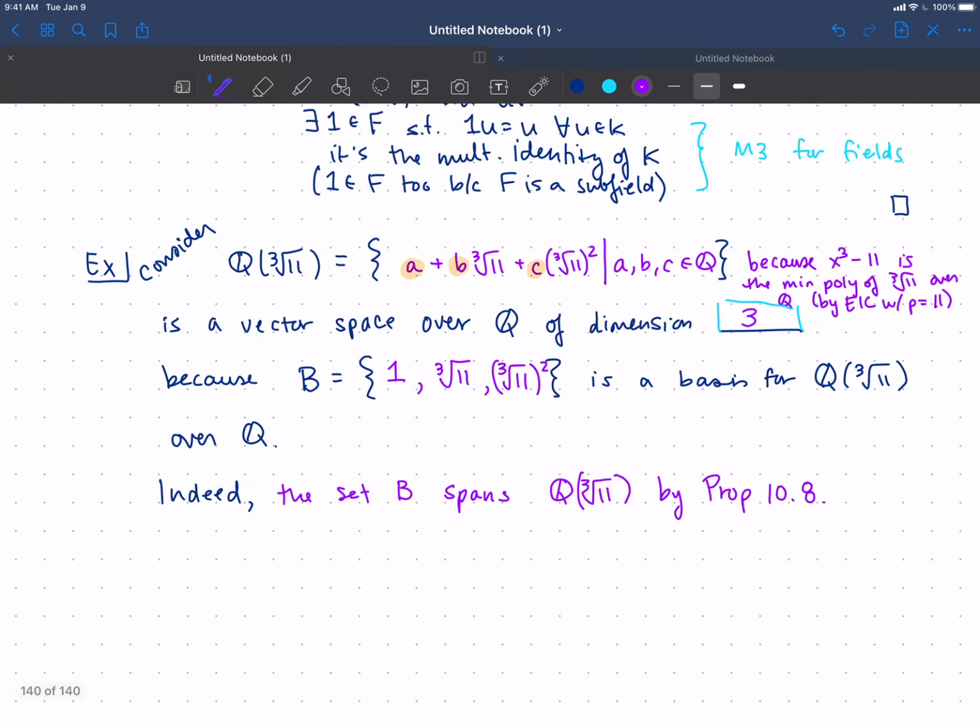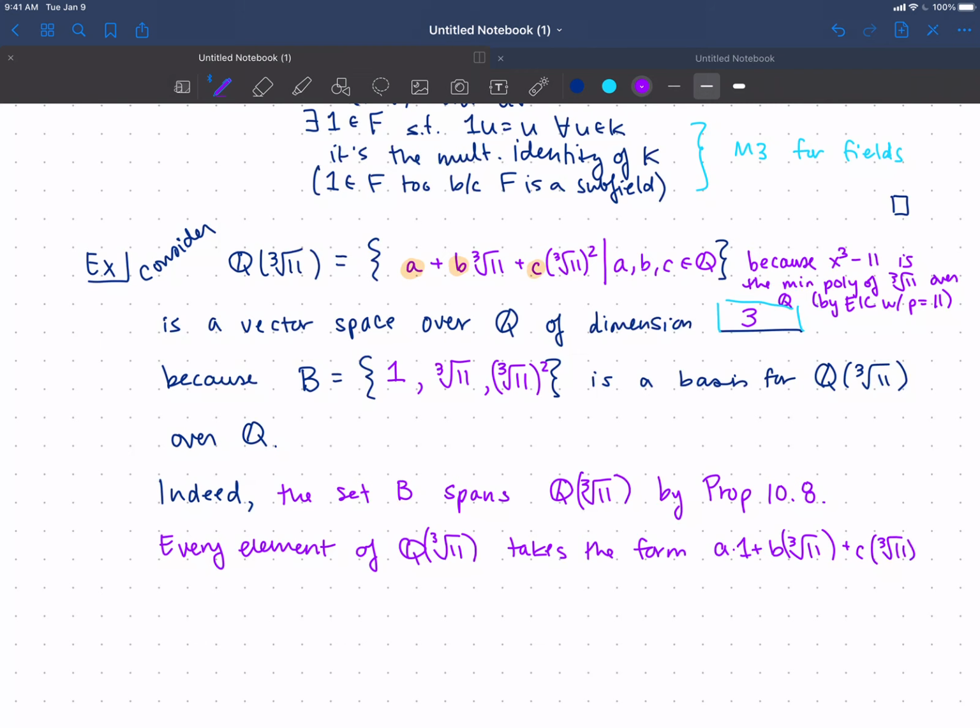That means that every element of Q adjoin cube root of 11 takes the form A times 1 plus B times cube root of 11 plus C times cube root of 11 squared for some A, B, C in Q.